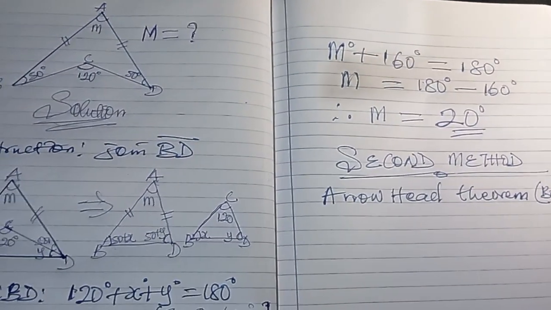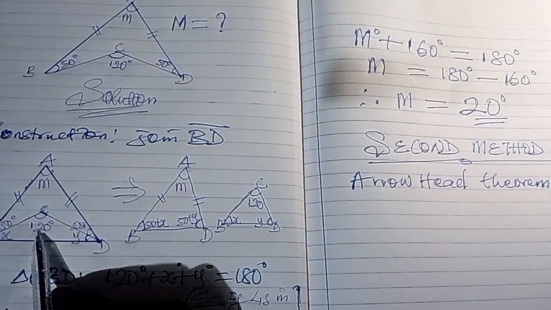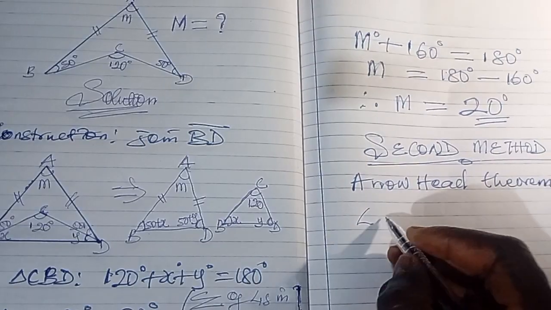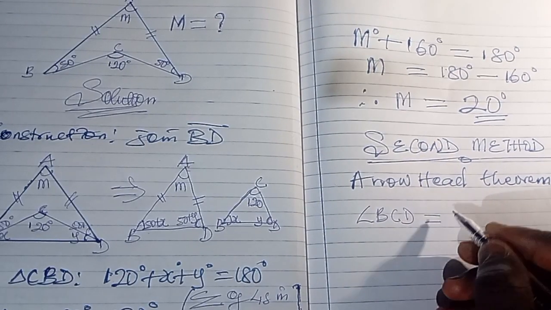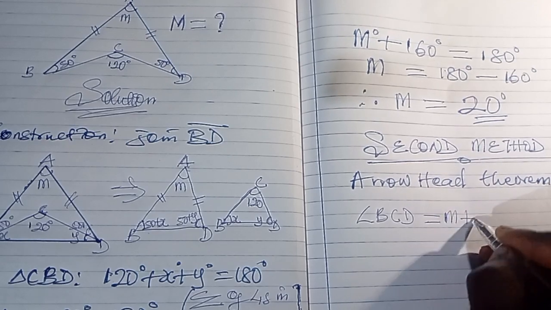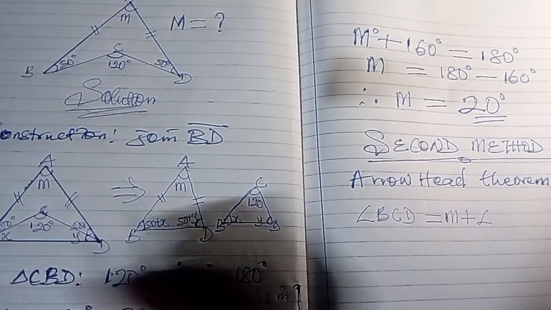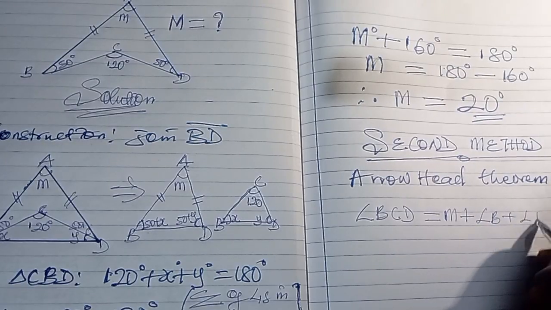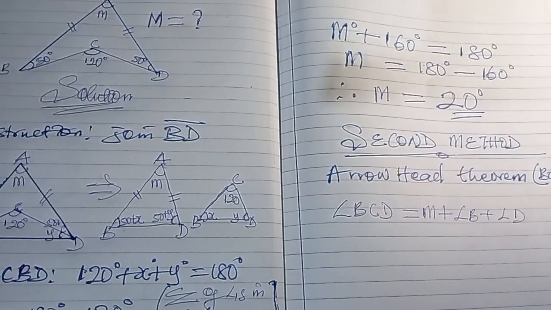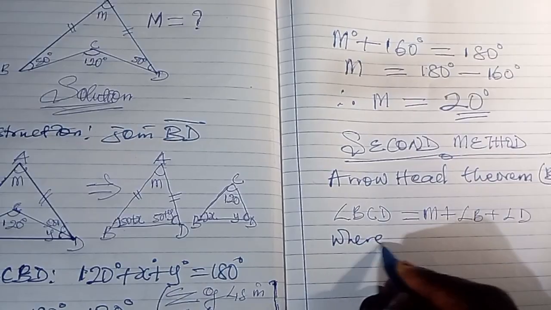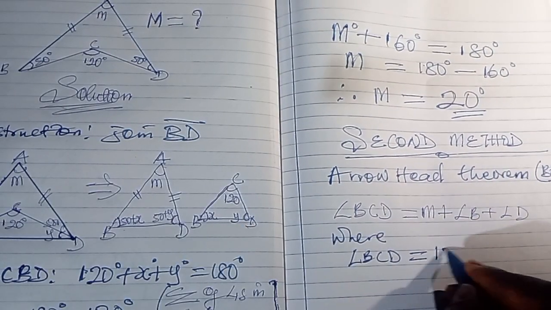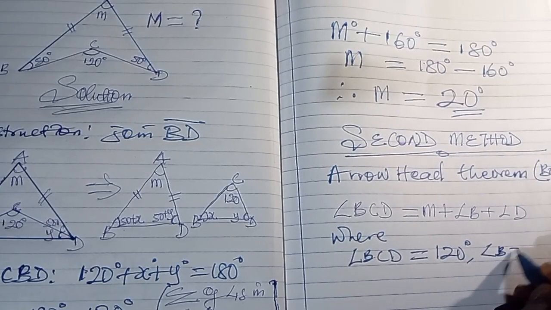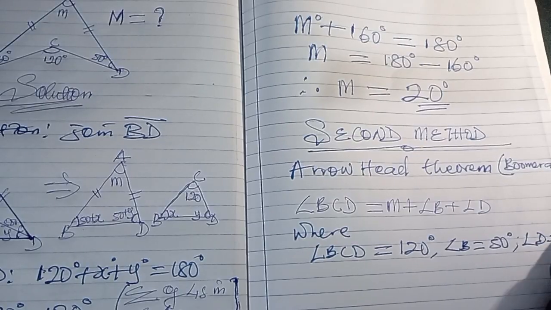Now, from there, you notice that this 120 angle BCD is equal to M plus angle B plus angle D, where angle BCD is 120 degrees. Angle B, we are going to use 50 degrees. Angle D is also 50 degrees.